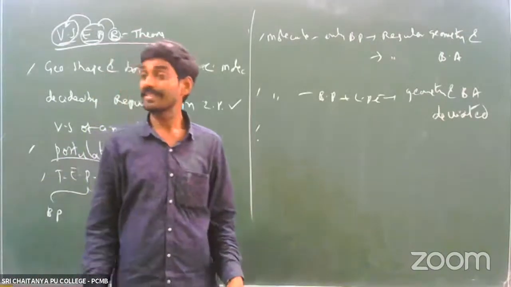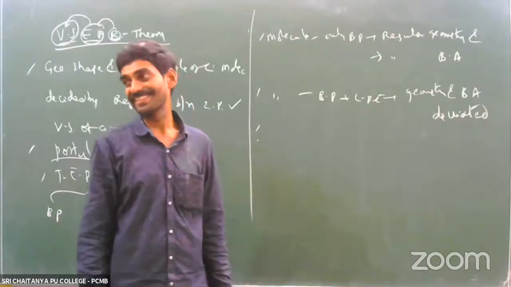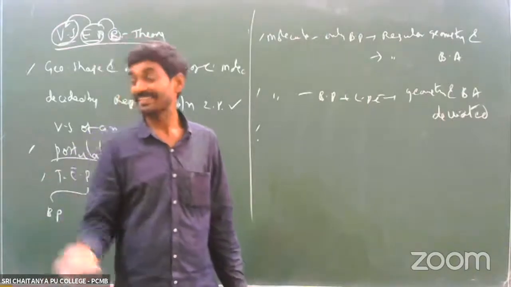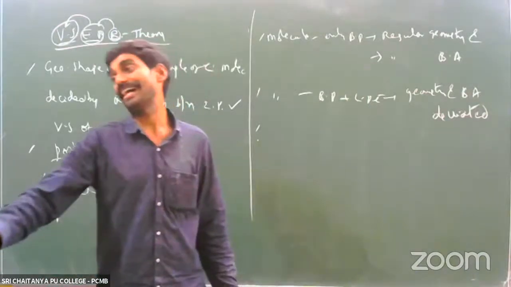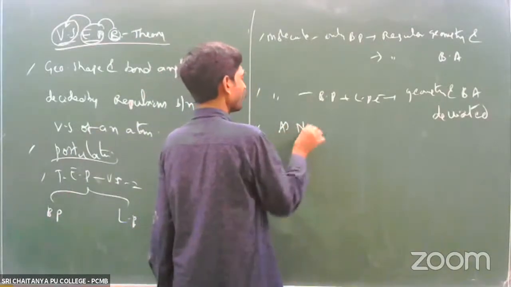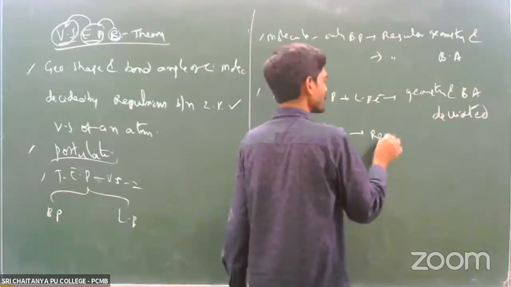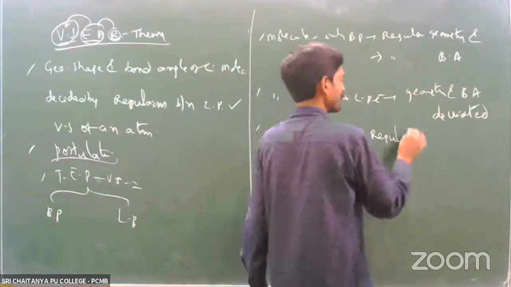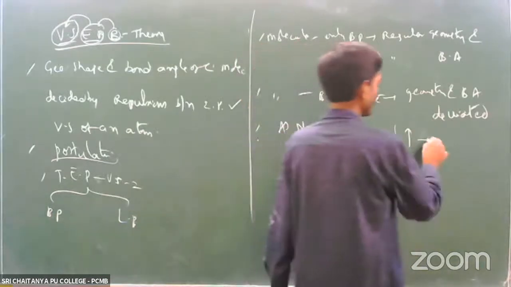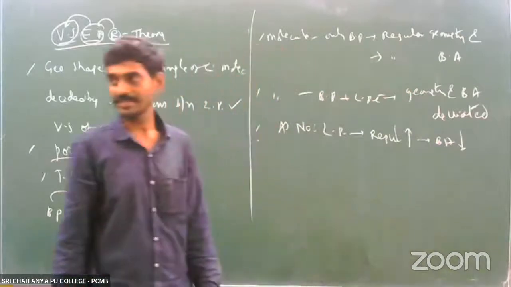That means as the number of lone pairs increases, the strength of repulsions increases, and the bond angle decreases so much.